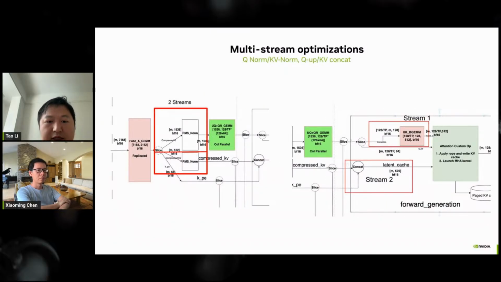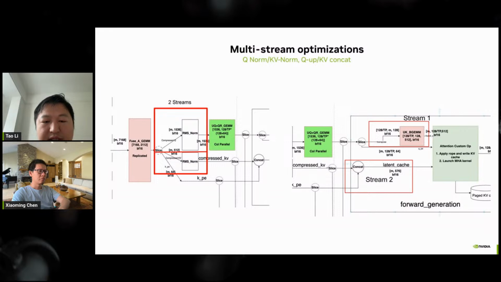This slide is showing where the multi-stream optimization can be applied. The diagram on the left shows that in the MLA layers, after the fused A GEMM, there are two RMS norm operations applied to the Q and the compressed KV part.